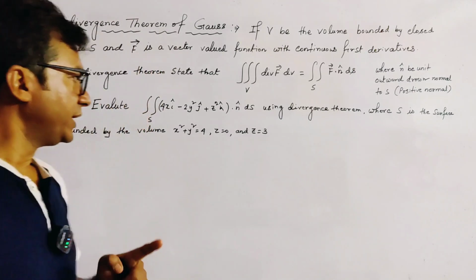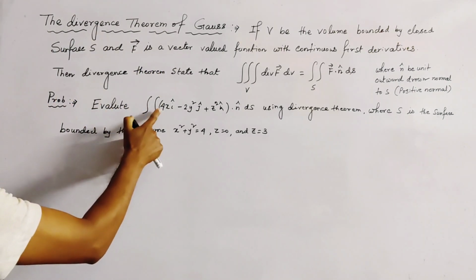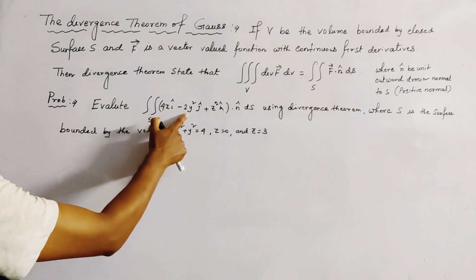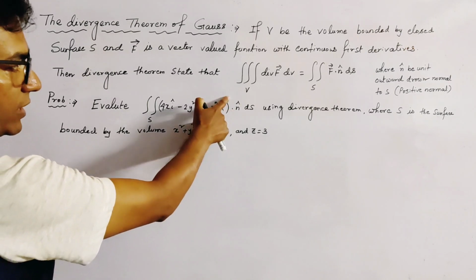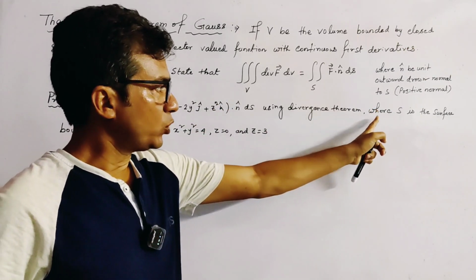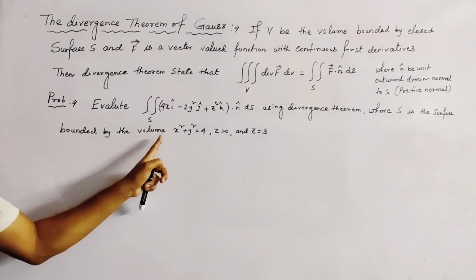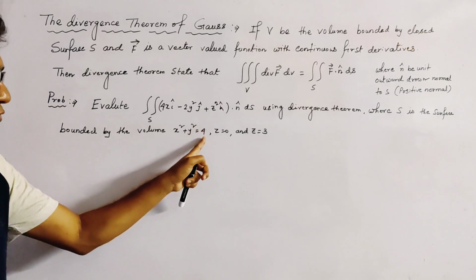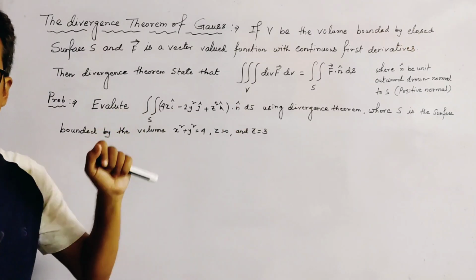In this problem, it is given to evaluate the double integration over S of 4x i cap minus 2y square j cap plus z square k cap dot n cap dS using the divergence theorem, where S is the surface bounded by the volume x square plus y square equal to 4, z equal to 0 and z equal to 3.